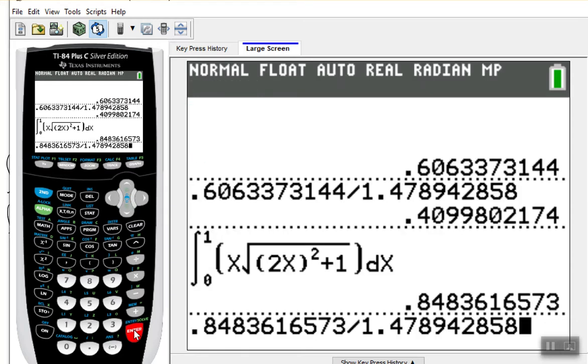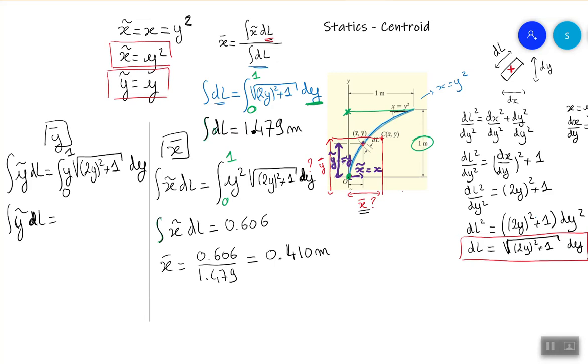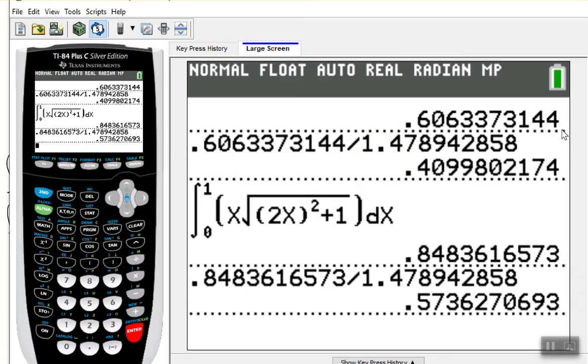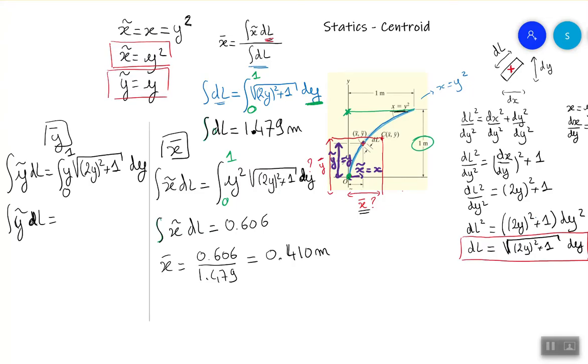Enter. So the location of y bar is equal to 0.574.